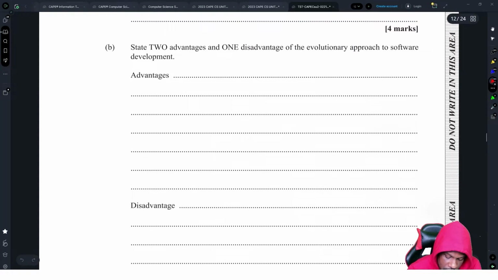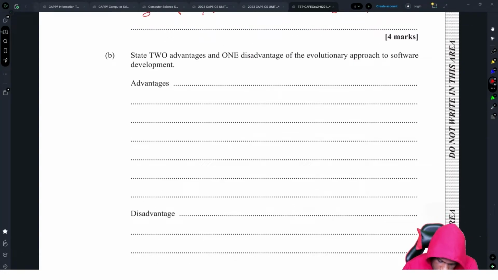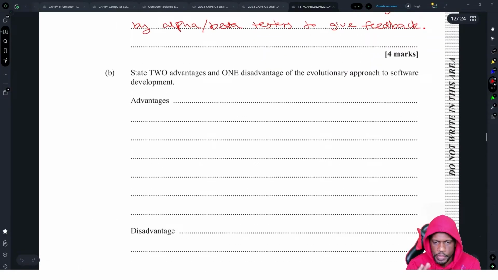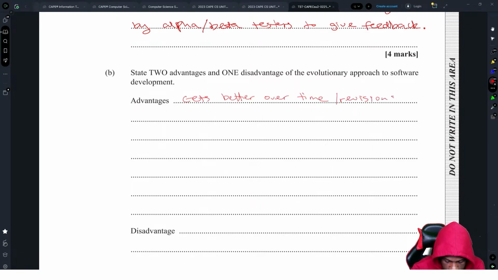So the advantages of the evolutionary approach. This is 3 marks? Okay, it's 3 marks. So we're not going to fight it. We're going to say that it gets better over time, with revisions. That's 1. 2. You get better user feedback.